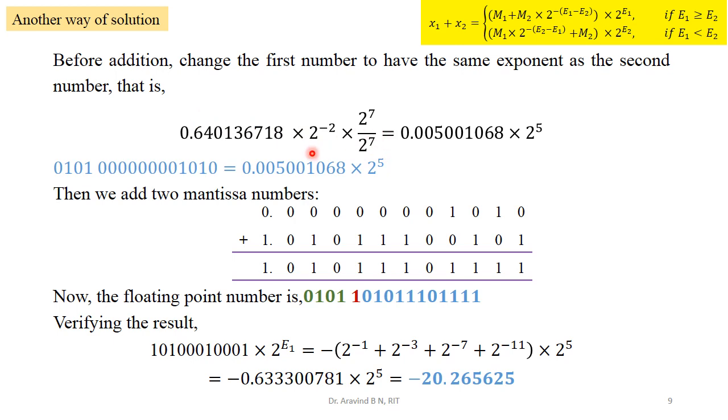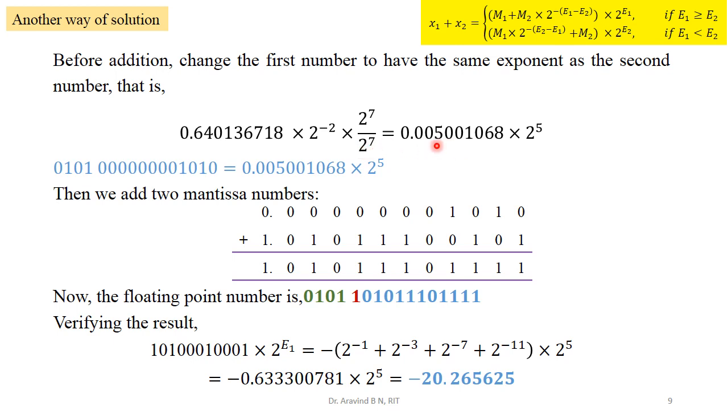Now 2 to the power of minus 2 into 2 to the power of 7 is 2 to the power of 5, and in the denominator we have 2 to the power of 7. So now divide 0.640136718 by 2 to the power of 7, and we get this value.